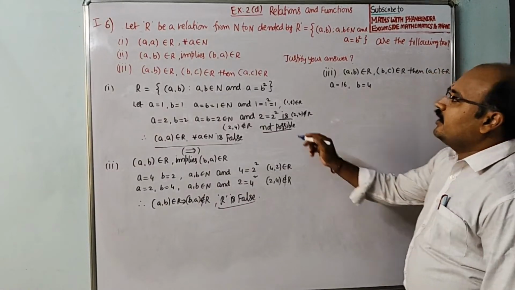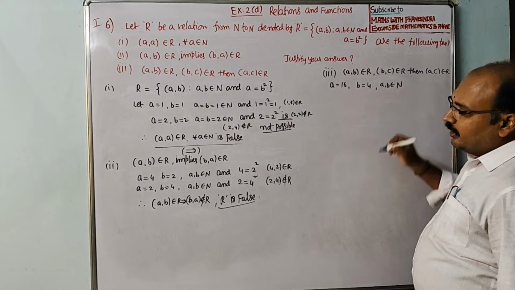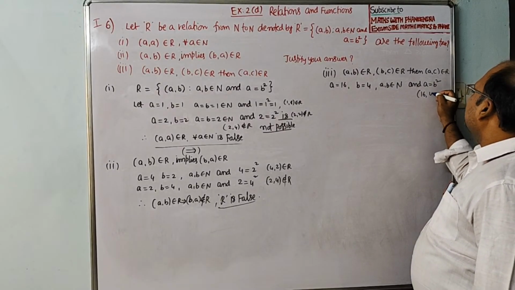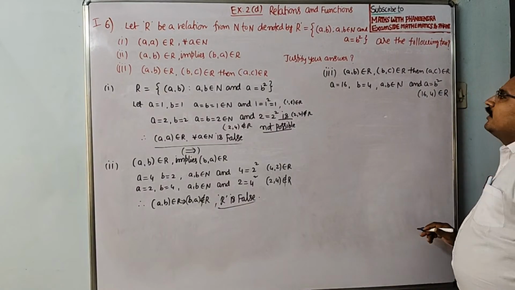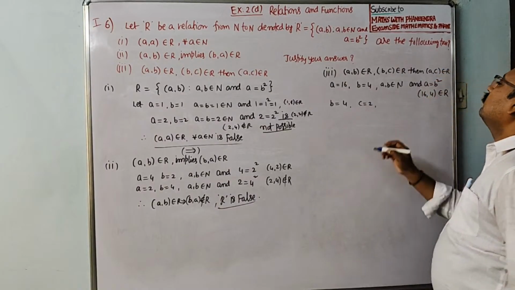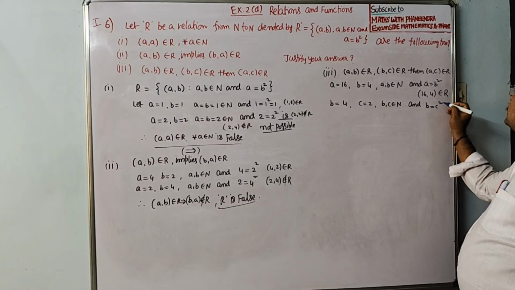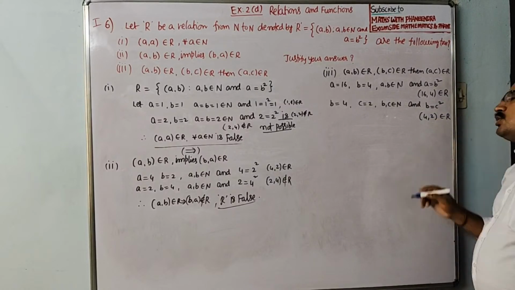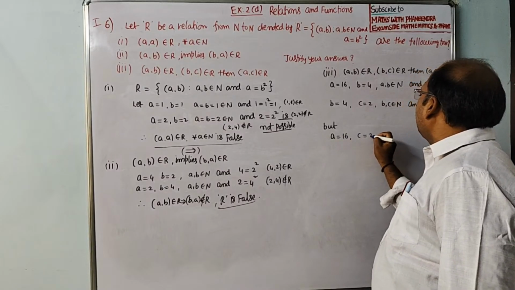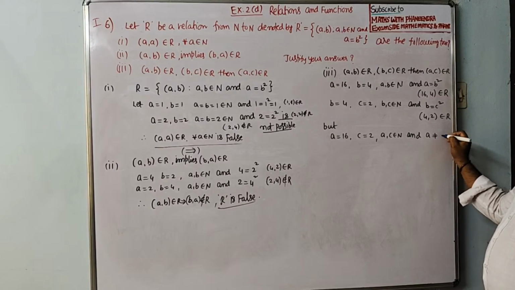The condition a is equal to b square is satisfied, so (16, 4) belongs to R. Next, (b, c): b is 4, c is 2. Then b is equal to c squared, so (4, 2) also belongs to R. But a is equal to 16, c is equal to 2, and a is not equal to c square.